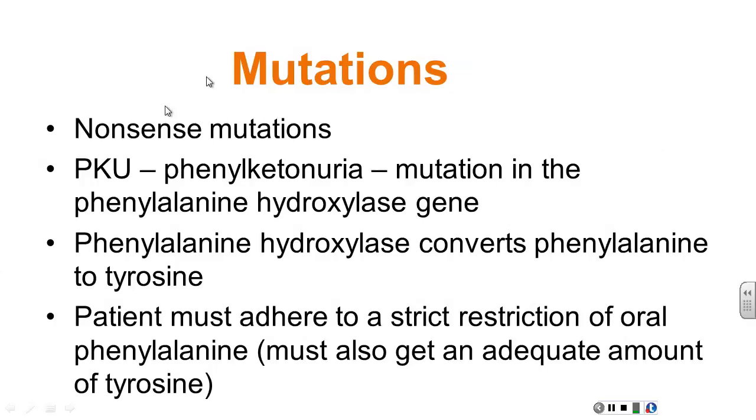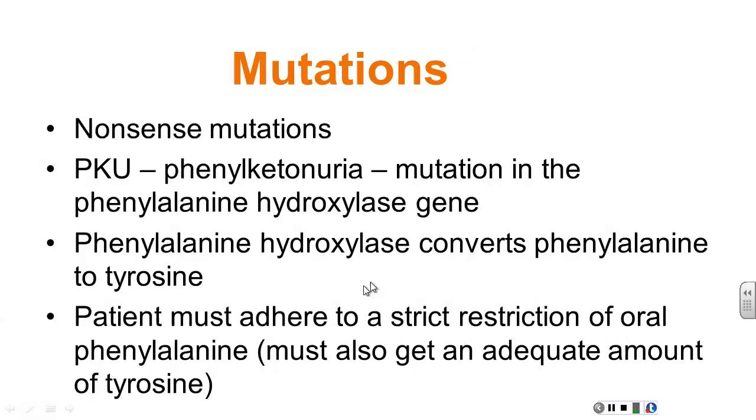Okay. So just to remind you, most cases of PKU are caused by a mutation in the phenylalanine hydroxylase gene. There are other versions of PKU, which if we haven't already talked about, we will talk about. But right now we're talking about, in particular, the mutation in the phenylalanine hydroxylase gene.